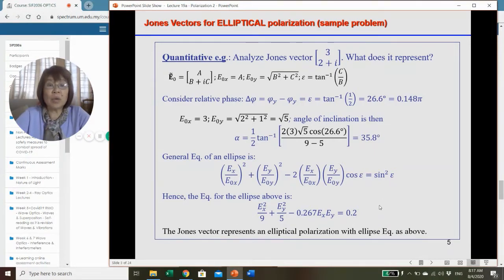So this will be the equation that represents the ellipse traced out by the resultant vector of this elliptical polarization.